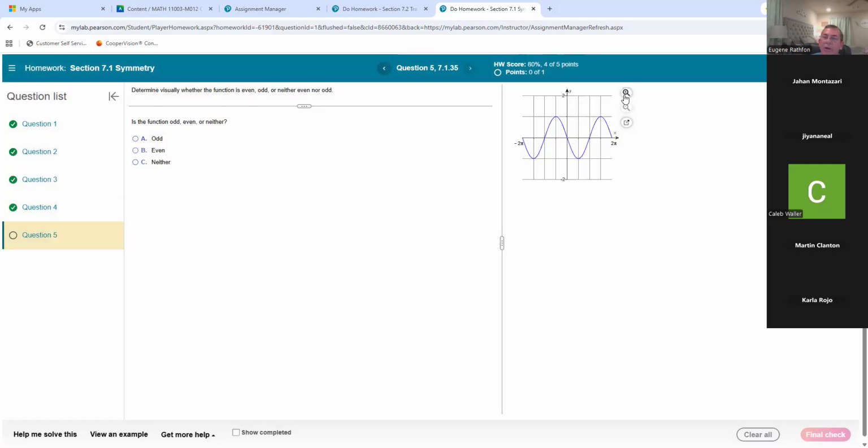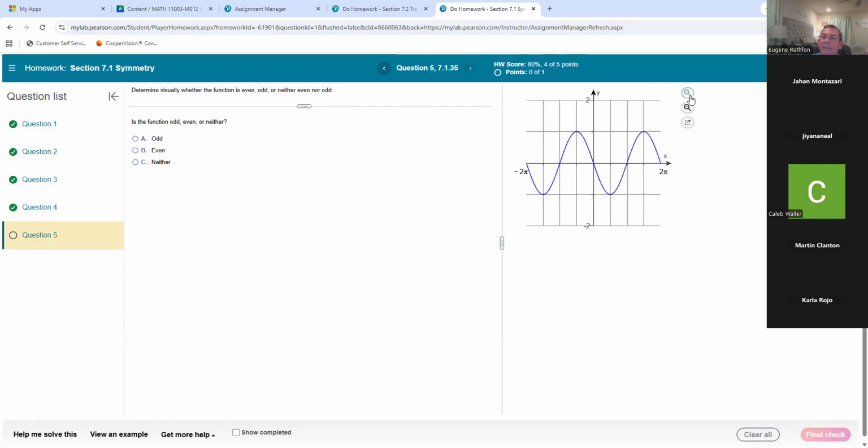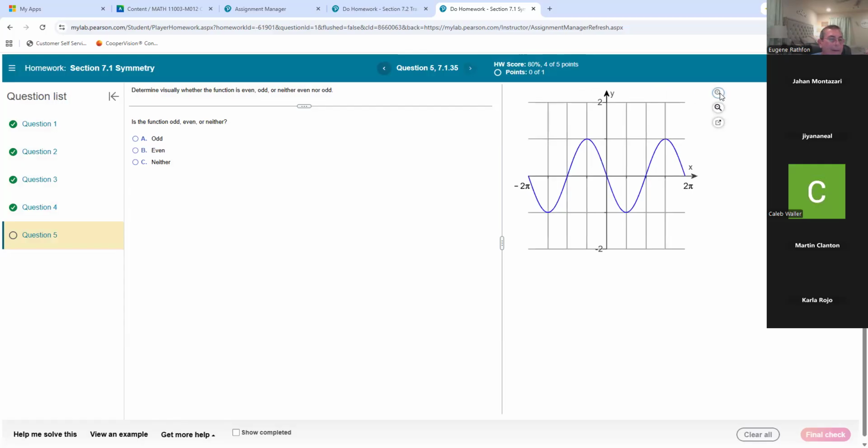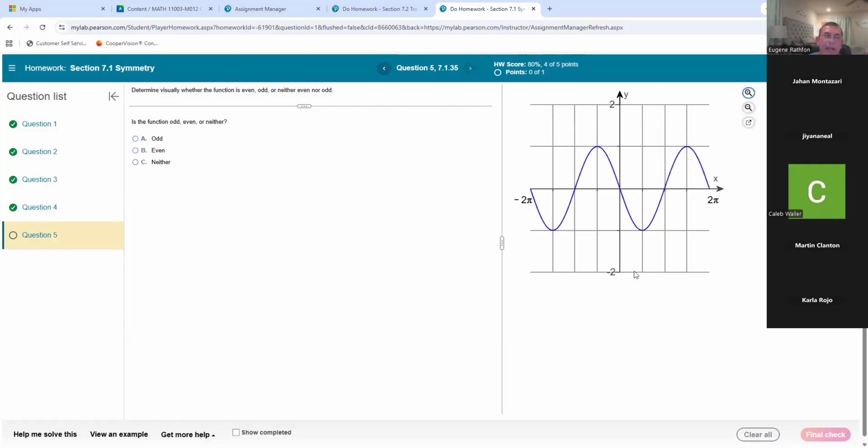All right, y'all, this one's on y'all. Is this function even or odd? So it's either going to be symmetric to the y-axis or symmetric to the origin.